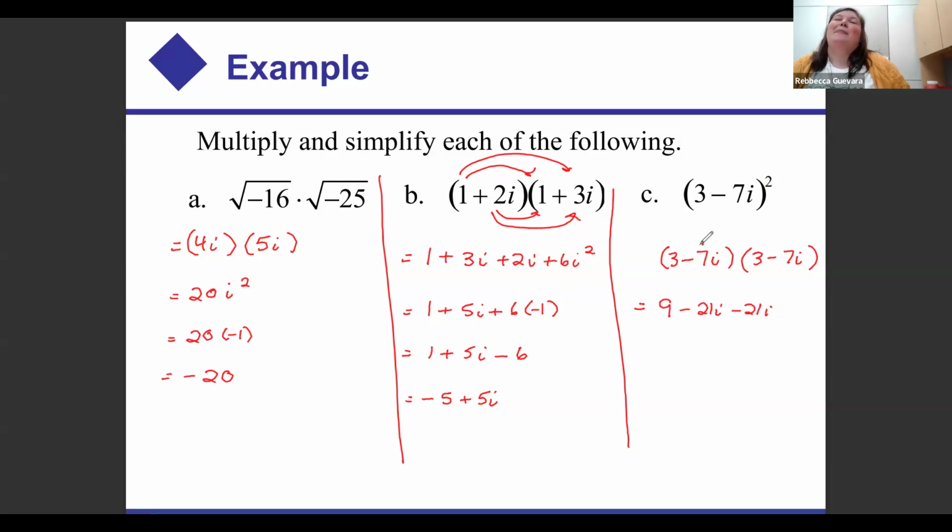And then -7i times -7i is plus 49i squared. So you get 9 minus 42i. And then remember that this i squared is negative, so it's not plus 49i squared, it is minus 49. So -40 minus 42i.